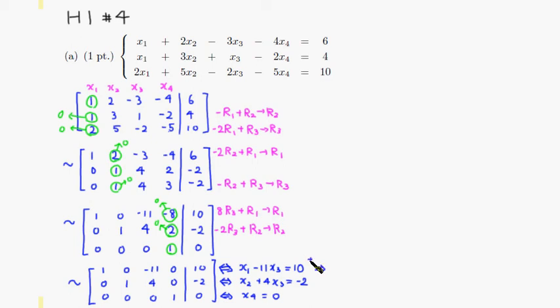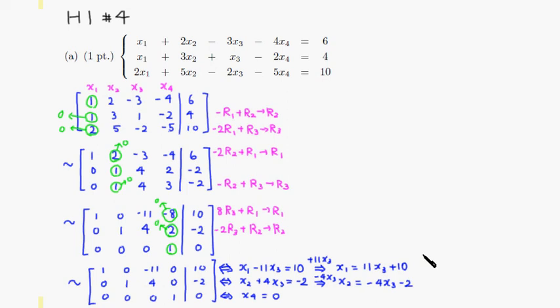So I'm going to just add the 11x3, and that way we can write it as x1 is equal to 11x3 plus 10. And the second equation becomes x2 is equal to, so I'm going to subtract 4x3, so it's going to be negative 4x3 minus 2.